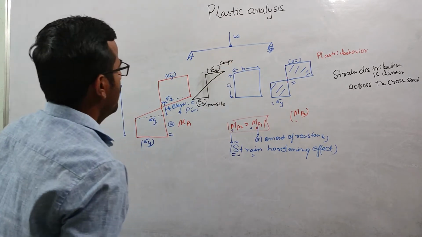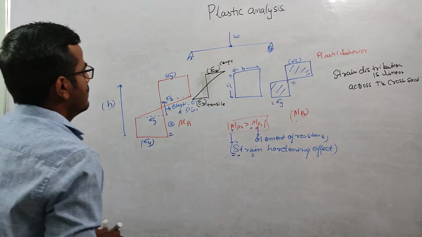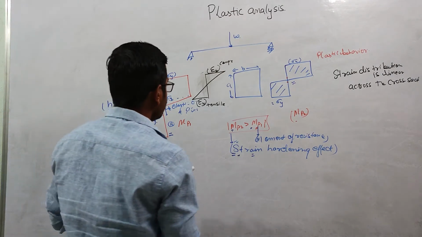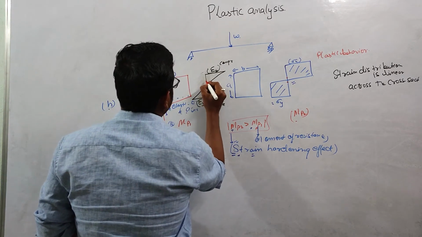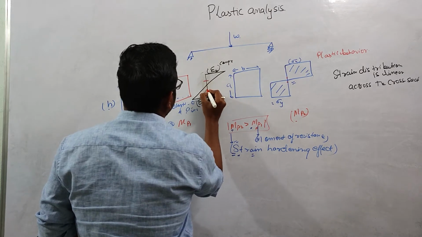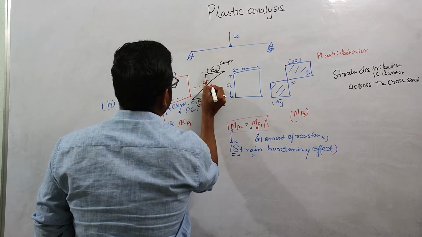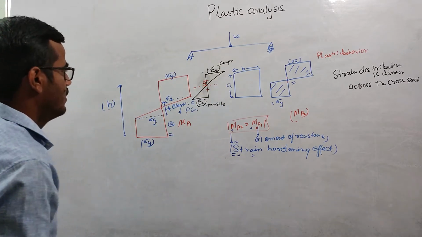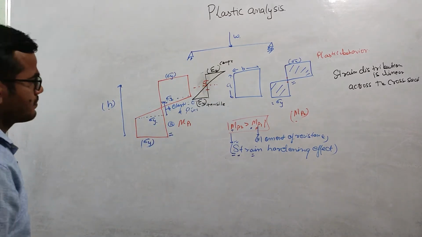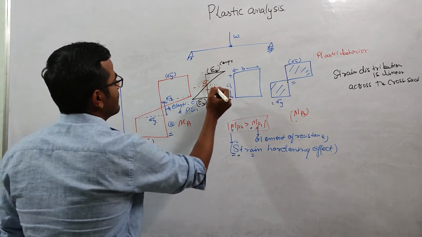Now let us assume we have some elastic core at a distance y from this axis. This is basically the neutral axis.